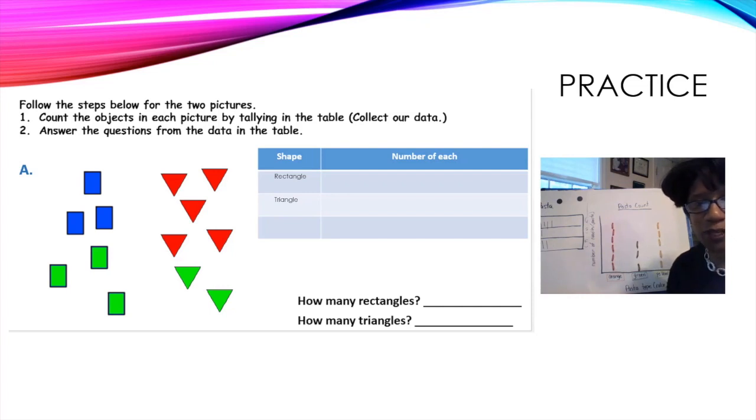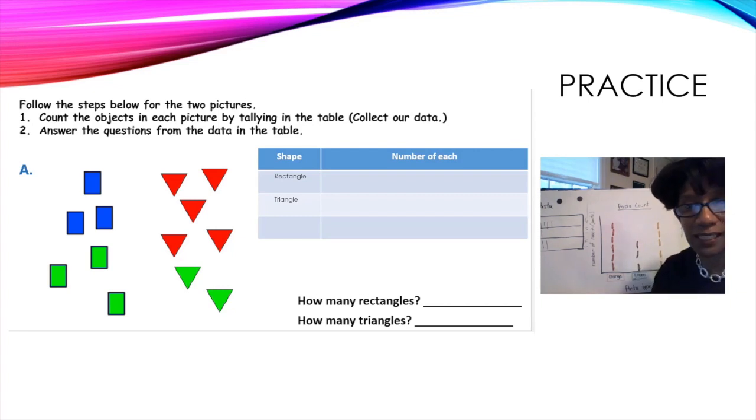So in our table, it tells us the shape and the number of each shape. So the first shape that we see there that has the blue and the green are called what? That's right, they're called rectangles. And then the second shape is called what? You got it, triangles. So let's count how many rectangles we have, and then we're going to put a mark in for each of the rectangles in our table.